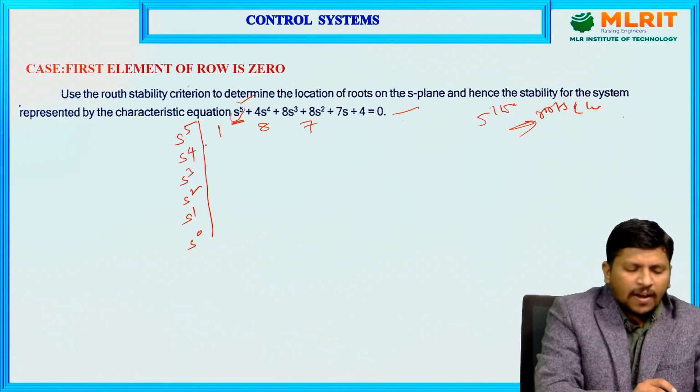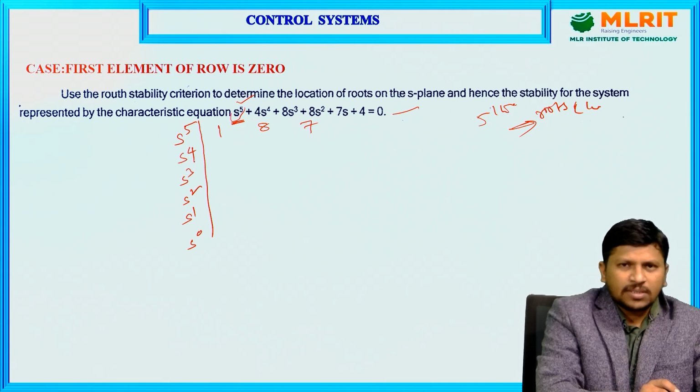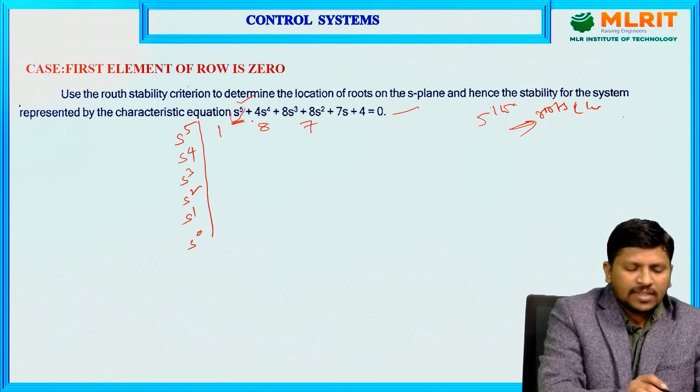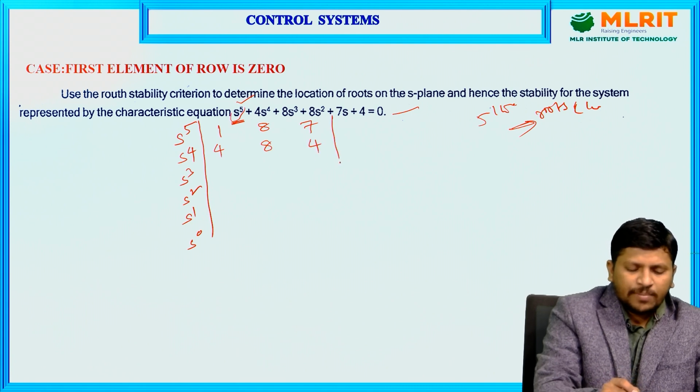So for s power of 5, 3 and 1. Next s power of 4 is an even power: consider 4, and s square 8, and s power of 0 is 4. This is the array matrix.